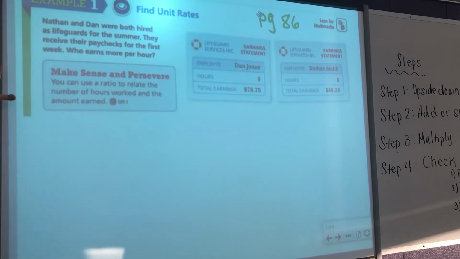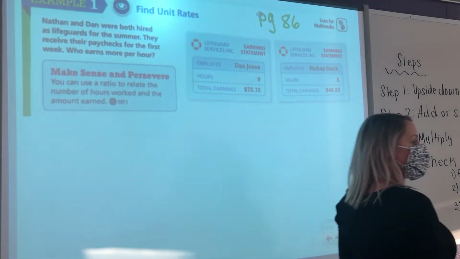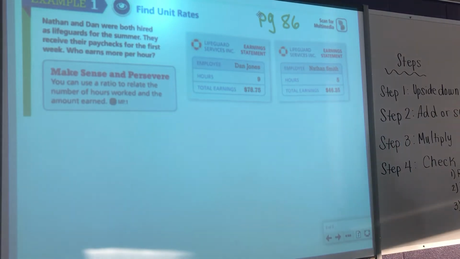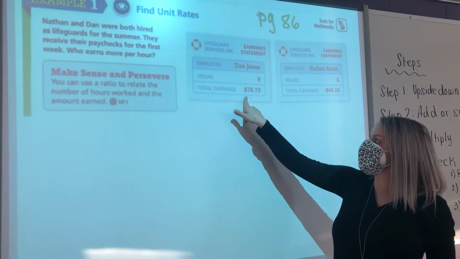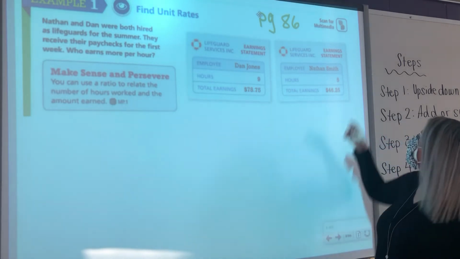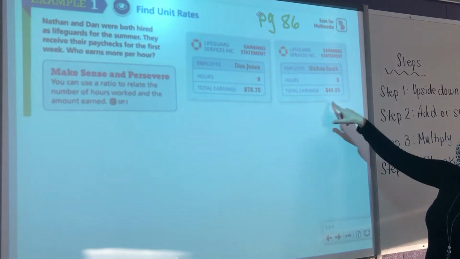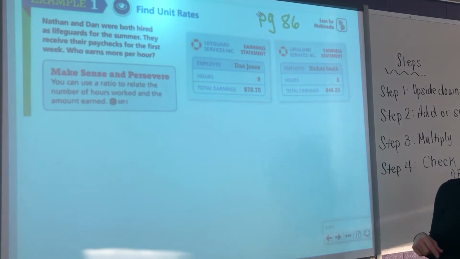So, Nathan and Dan were both hired as lifeguards for the summer. They received their paychecks for the first week. Who earns more per hour? Here's Dan's paycheck. He worked 9 hours and had total earnings of $78.75. And Nathan worked 5 hours and he earned $46.25.